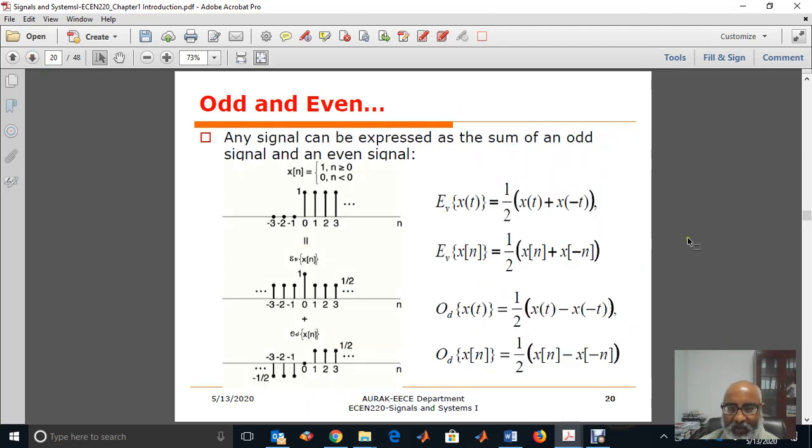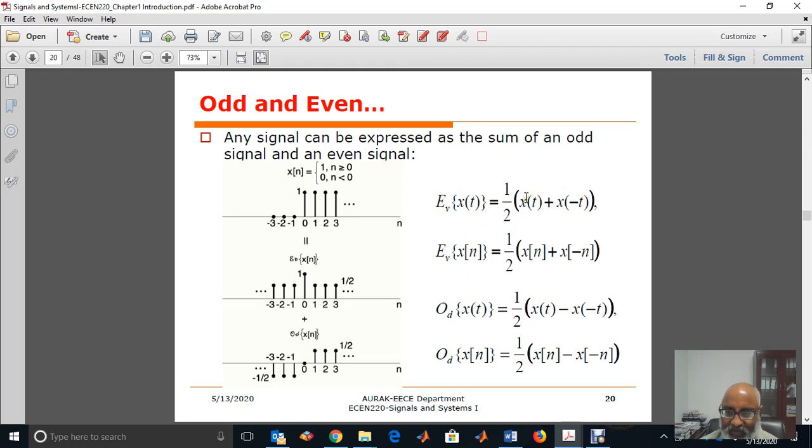How do we find the even and odd parts of a signal? A signal can be a pure even signal, a pure odd signal, or it can have both an even part and an odd part. So what are the formulas used to find the even part and the odd part? The even part of the signal is equal to 1 over 2 times x of t plus x of minus t.